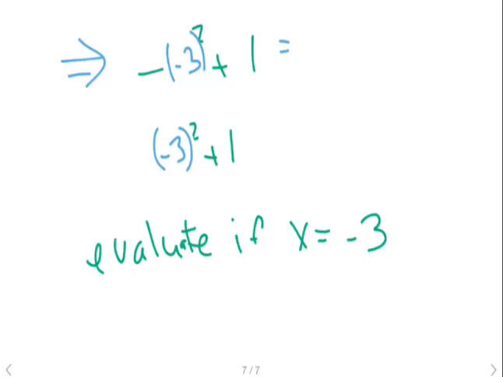For instance, this one, negative 3 squared is a positive 9, but I have a negative outside, so I end up with a negative 9, plus 1, and you will learn in your integers unit that that is equal to negative 8. Here, however, I have negative 3 squared plus 1, so that is going to be 9 plus 1, 10.